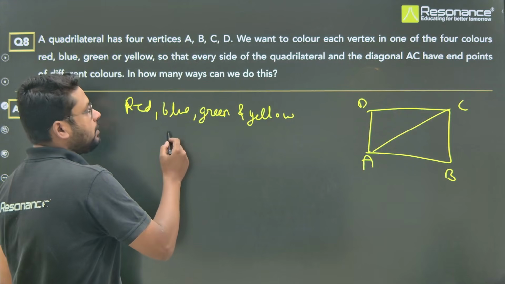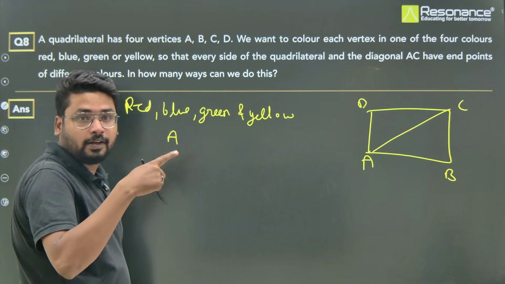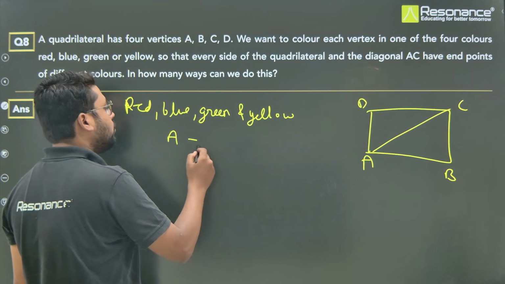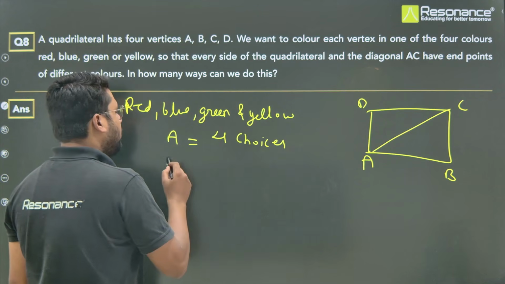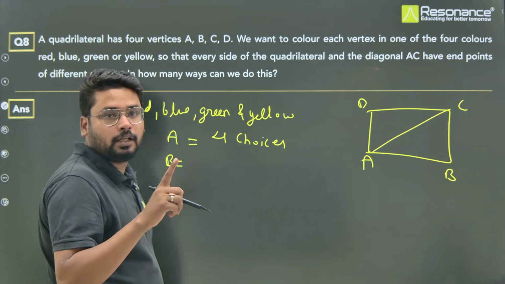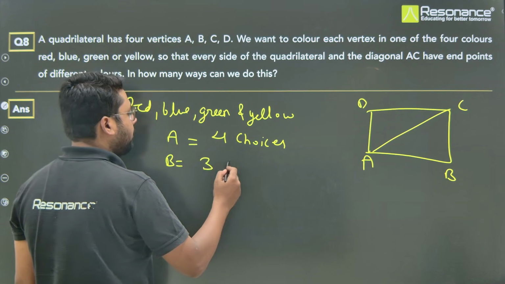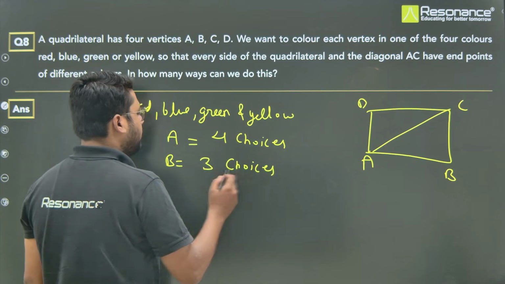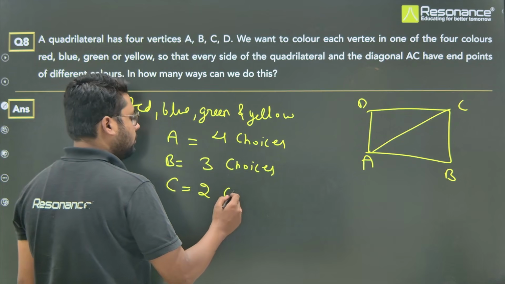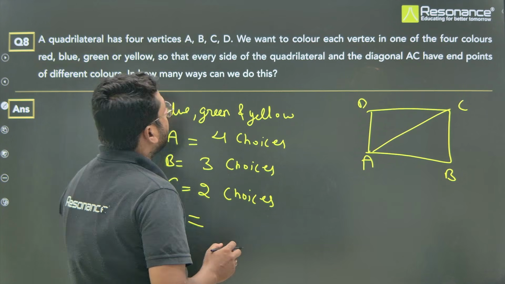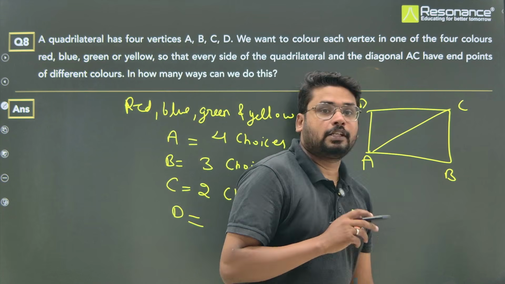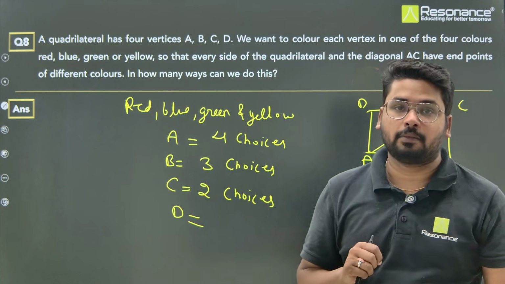If we start from A, because 4 colors are there, A has 4 choices. A can take any of the 4 colors. Now if A has picked one color, B will be left with 3 choices and C will be left with 2 choices. But if we go in sequence, there is a possibility that B and D can have the same color.